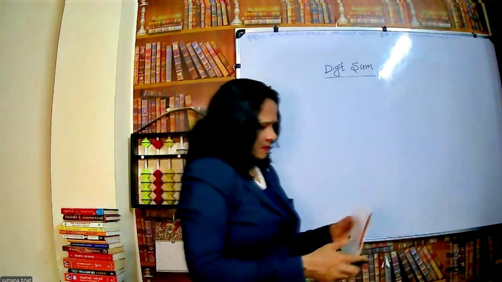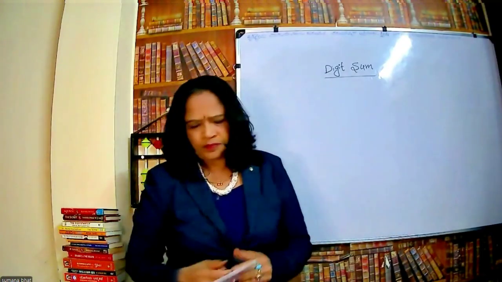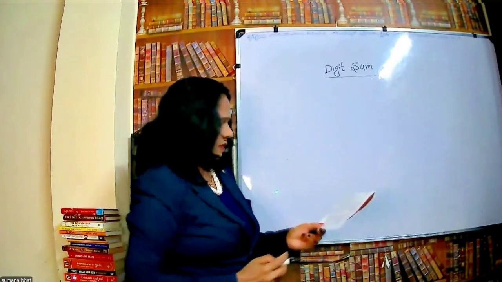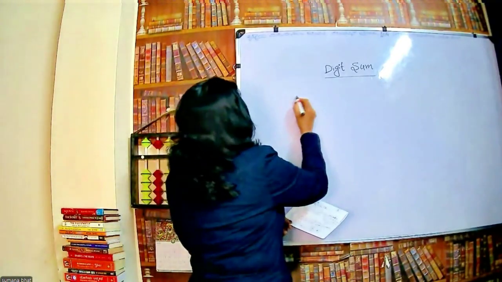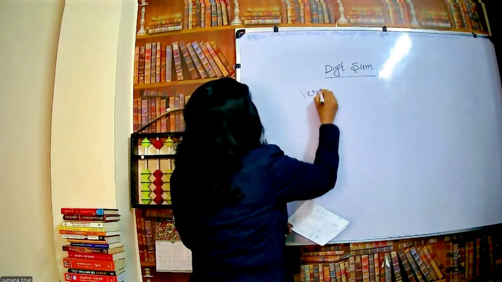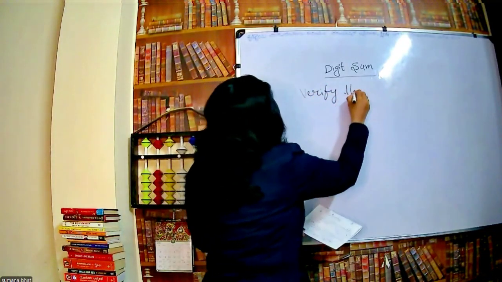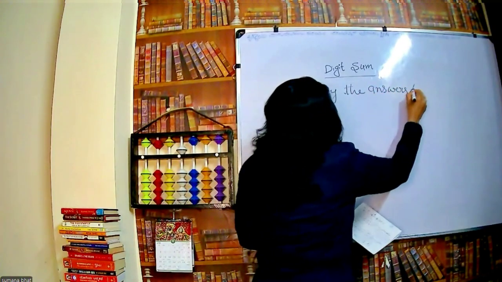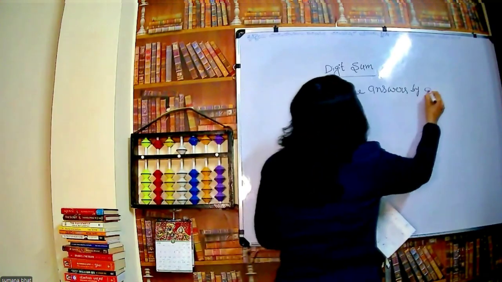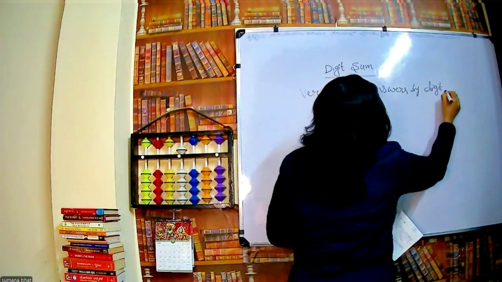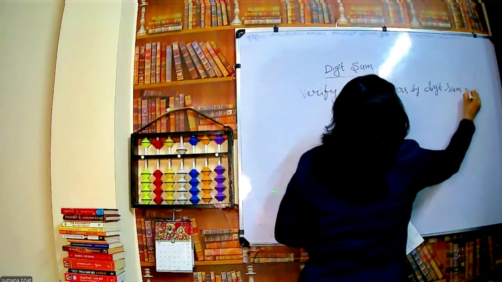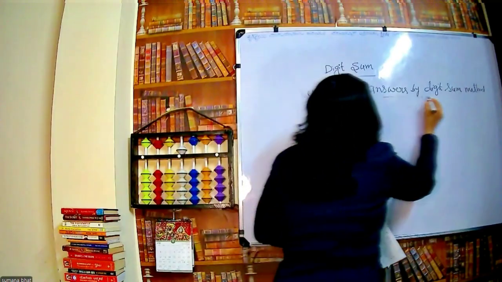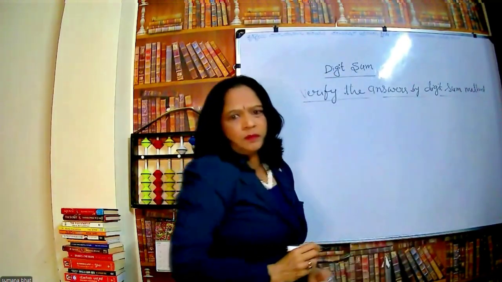Let us see that. Suppose the number is like this. First, let us do addition and verify the answers by the digit sum method.